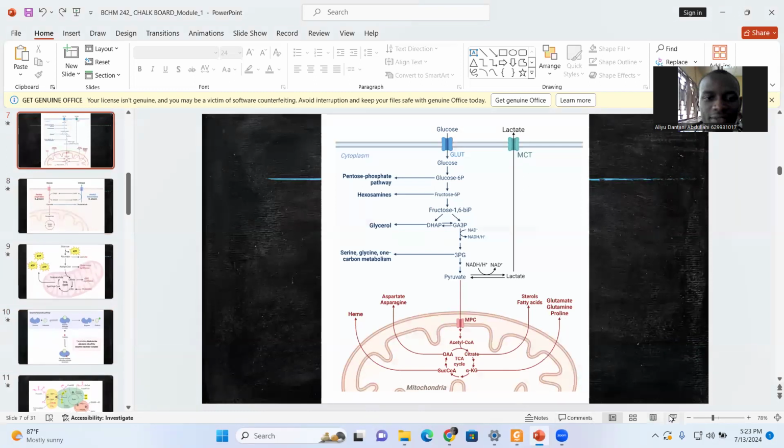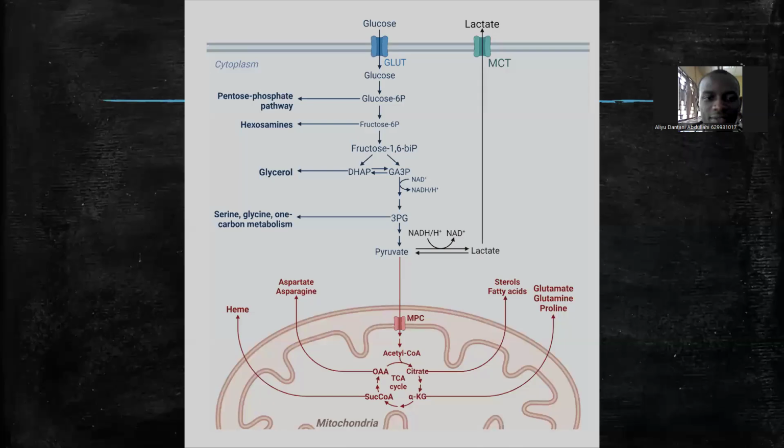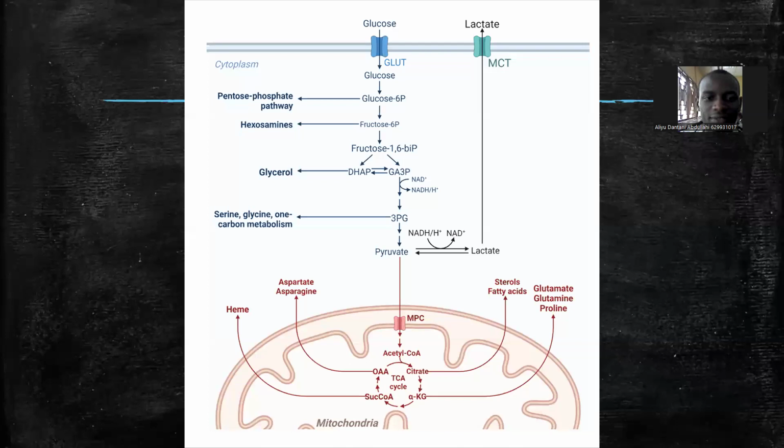However, in the absence of oxygen, for example, athletes who run, the relay runners, and people like that who do high intensity exercises, sometimes they run short of oxygen. Their muscle cells, in their glycolytic pathway, instead of the pyruvate going into the mitochondria to acetyl-CoA, citric acid cycle, electron transport chain, that doesn't happen.